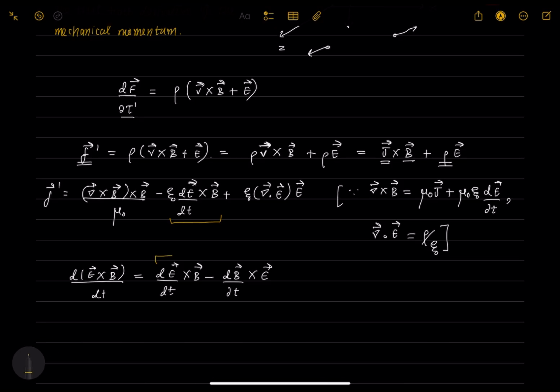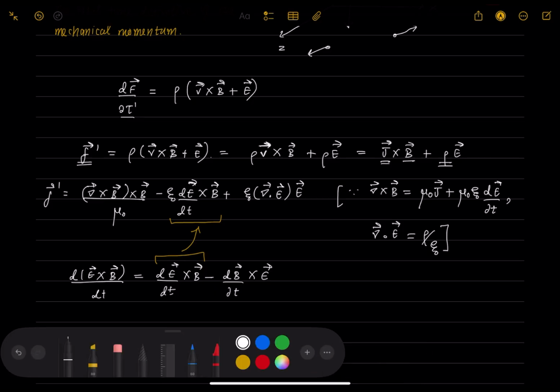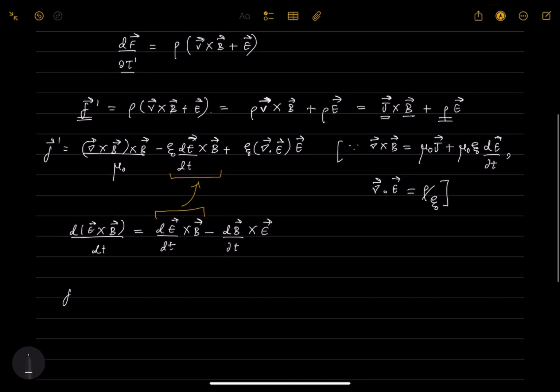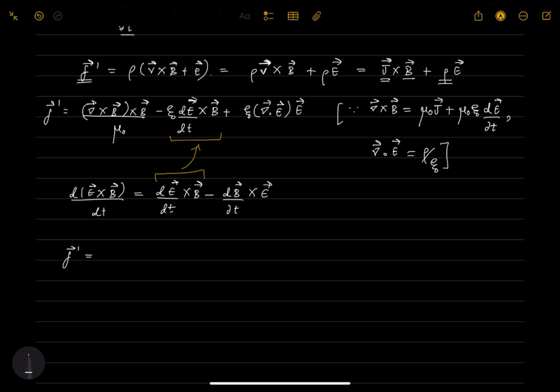So let's try to use this in the equation that we had, right? So then our expression for the local force density becomes something like negative B cross the curl of B over mu naught minus epsilon naught.